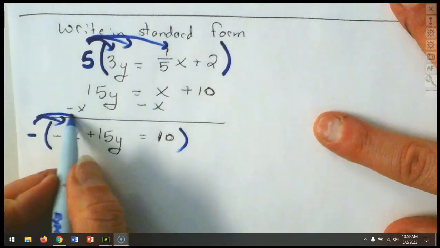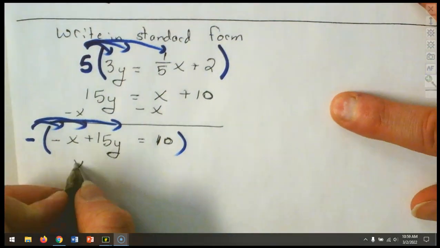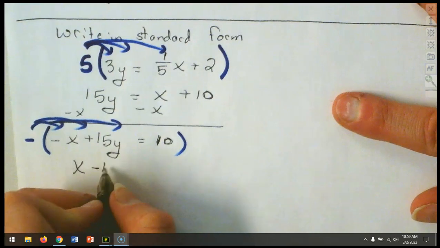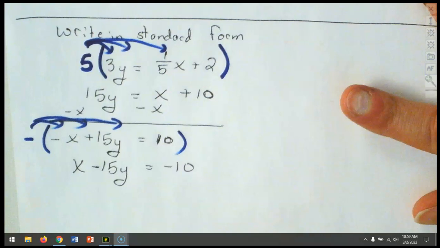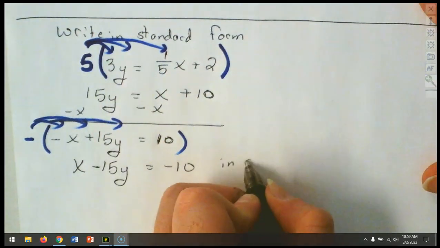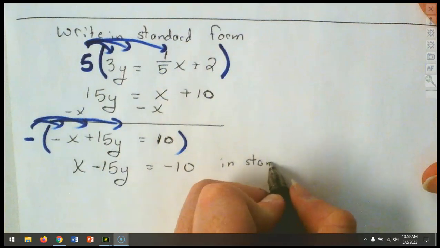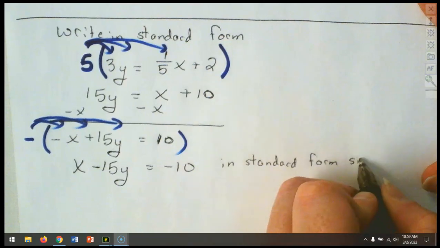That's going to change all of my signs because the x has to be positive. Y can be whatever it needs to be. Same thing with the number on the end. But the x part has to be positive. So that makes it then x minus 15y equals minus 10. And that is now in standard form, since the x is positive.